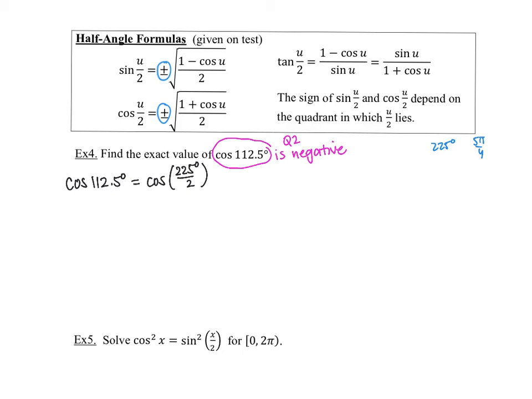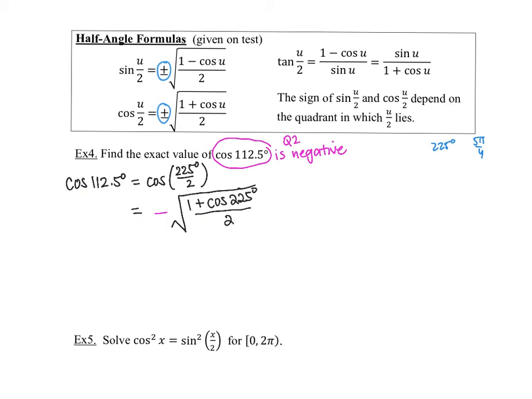Okay, now let me look at the formula. This is what the formula tells me. Plus or minus, it's going to be negative because 112.5 is in quadrant 2. Let me write the formula. This is cosine, so it's 1 plus the cosine of the number I divided by 2, so the cosine of 225 degrees, and the whole thing divided by 2.